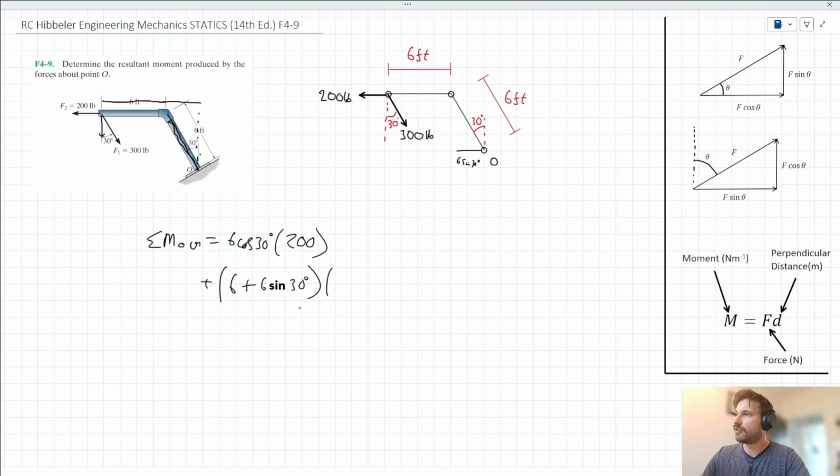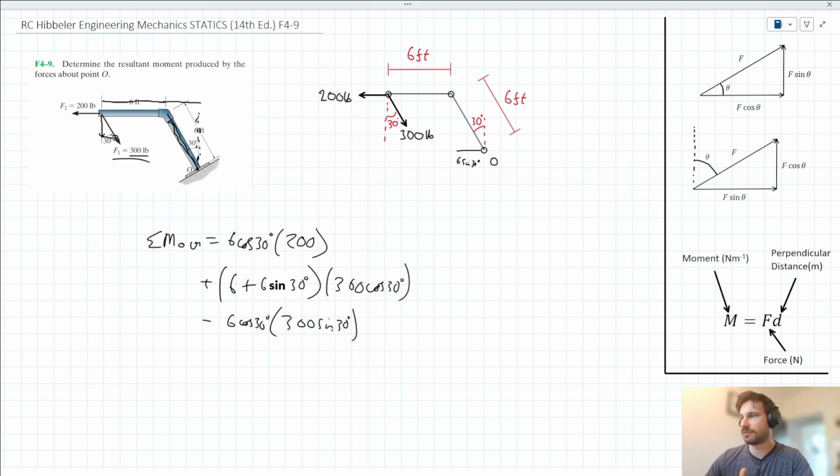The force being enacted there is going to be given by 300 cos 30. And the only thing to consider left is the horizontal component of F1. The perpendicular distance is going to be this distance here, which we already know is 6 cos 30. And the magnitude of the horizontal component of F1 is going to be given by 300 sine 30.